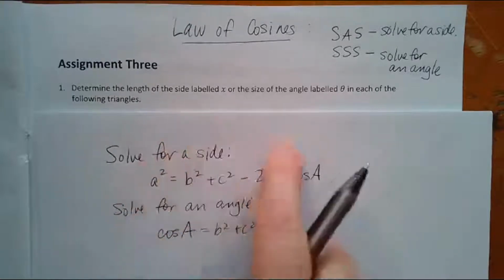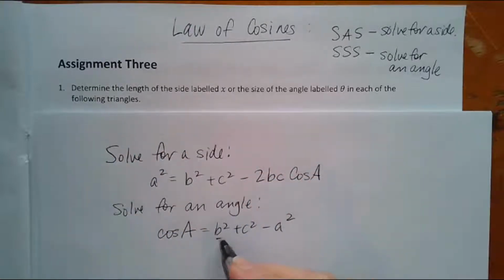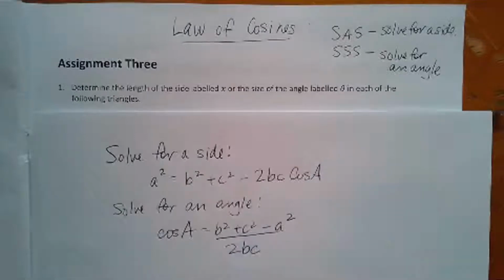This a squared flips over. These guys change places, actually. All divided by 2 times bc.